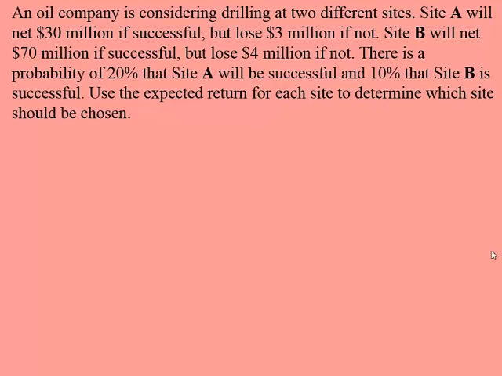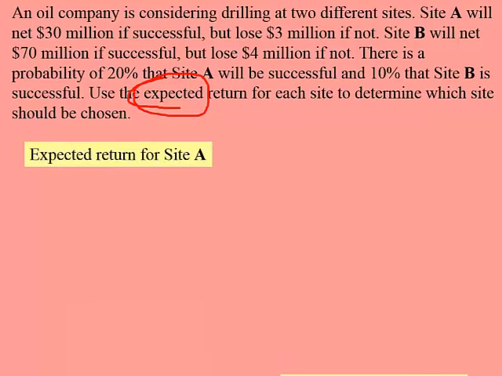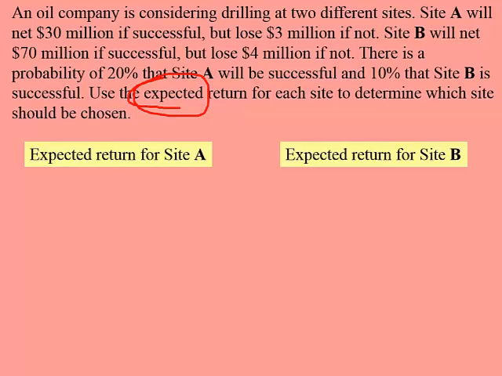What we need to do is to compare each of these 2 and see which one has the higher expected value. That kind of drives the business's decision as to which one to choose. What we'll do is we'll compute the expected value for each site, and then compare the two. We would want to choose the one with the larger expected value.